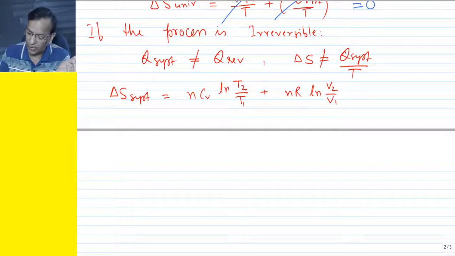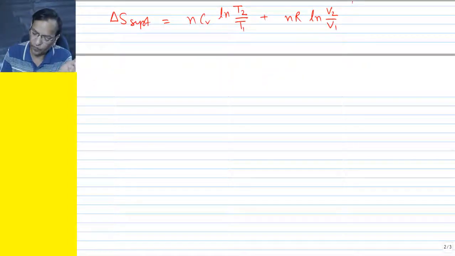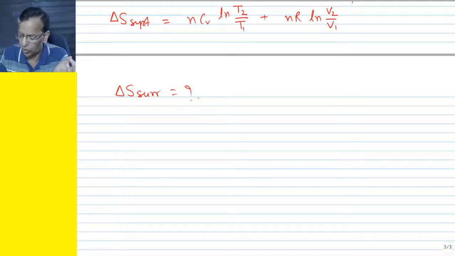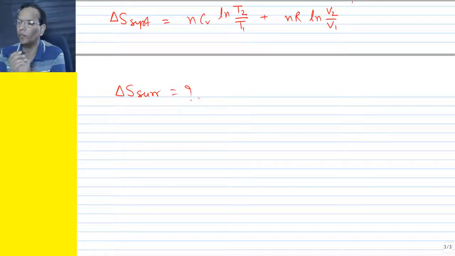Now what about delta S surrounding? How to know? For determining delta S of surrounding, we must be aware of one thing, that reversible and irreversible change are the case for the system only.